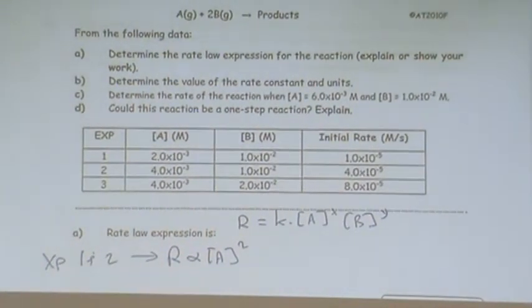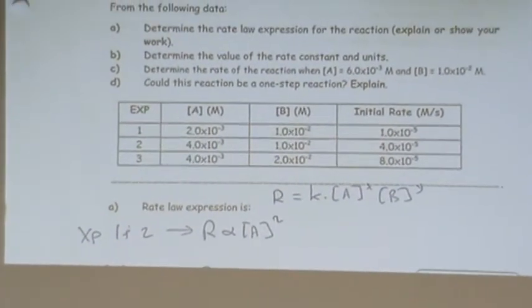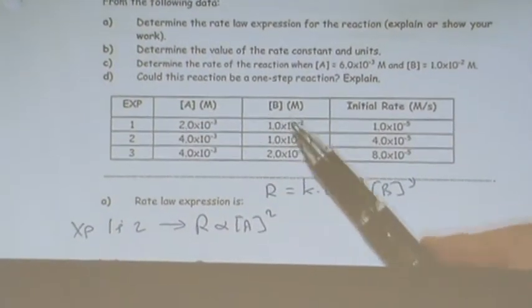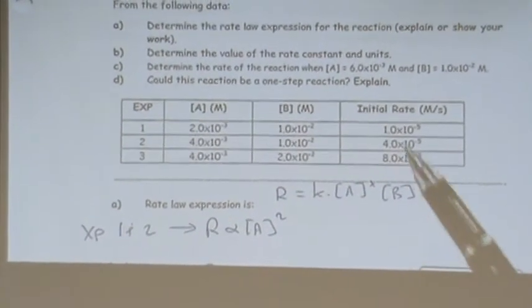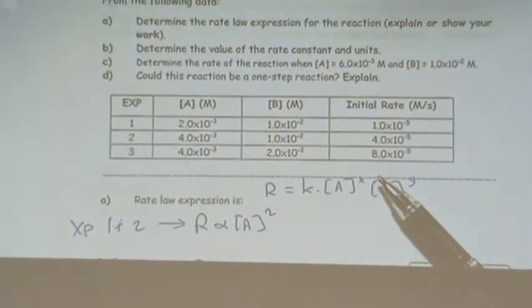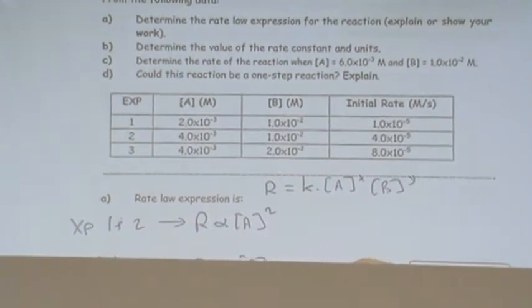So experiments 2 and 3 are telling us what the rate is doing. Let's see. A is constant, and you double the concentration of B, and what happens? The rate doubles. Can you see that? Okay, so that means that the rate is proportional to B. You agree with that?